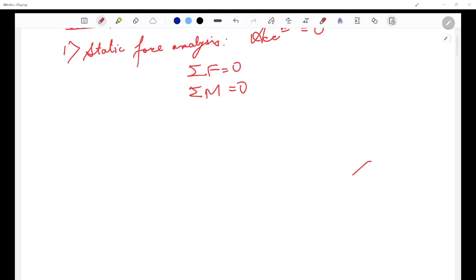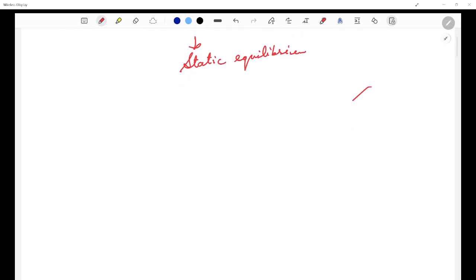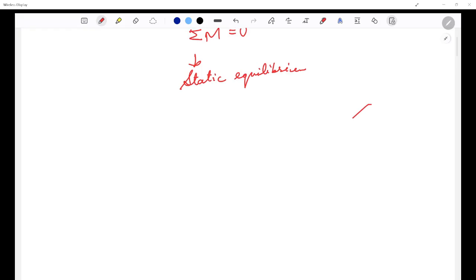This means that the mechanism is in static equilibrium. Okay. So the typical cases are slow moving machines or hand operated mechanisms. So something in the preliminary design stage also can be here. Where the inertial forces are negligible.